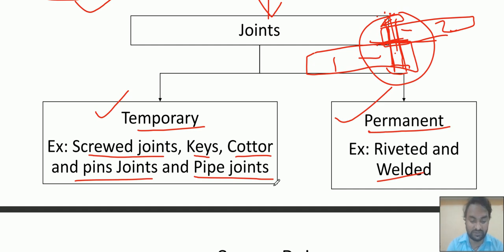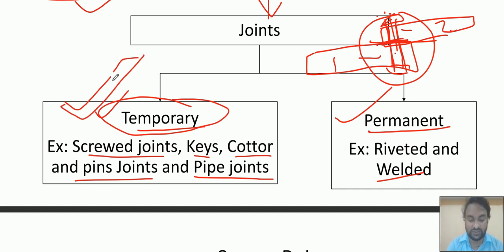So we call them temporary joints. The joint is strong, but since we can disassemble the parts, it is called temporary. Here in temporary joints, we can easily disassemble the part by unscrewing the nut and bolts, or removing the keys, the cotter or pins, or in pipe joints we can remove them. In a shorter time, say a few minutes, we can remove it.